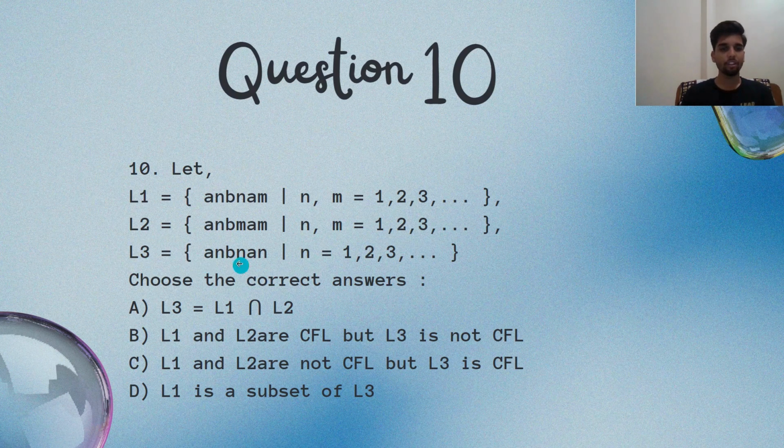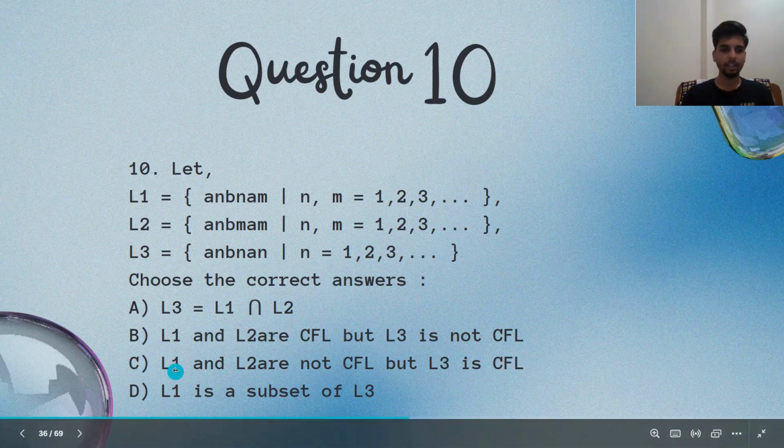And language 3 is the set a raised to n, b raised to n and a raised to n, where n is 1, 2, 3. We have to choose the correct answer: option A, L3 is equal to L1 intersection L2. Option B, L1 and L2 are CFL but L3 is not CFL. Third option, L1 and L2 are not CFL but L3 is CFL. And fourth option, L1 is a subset of L3.